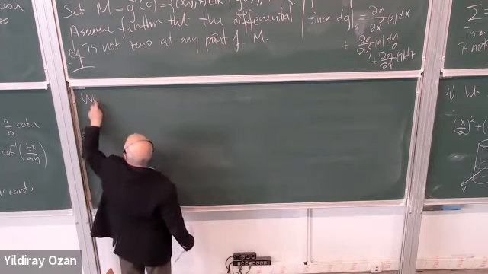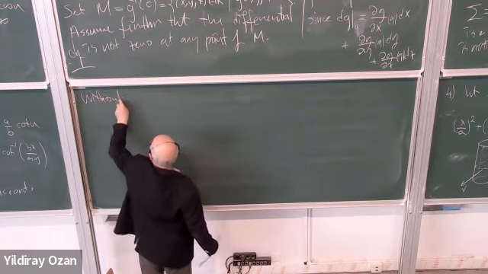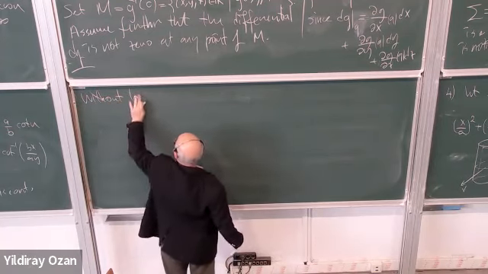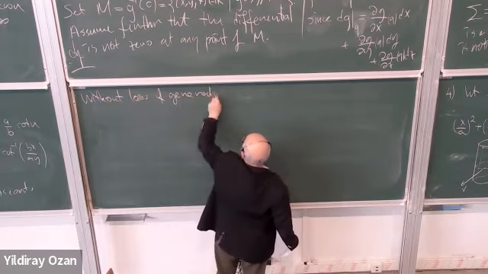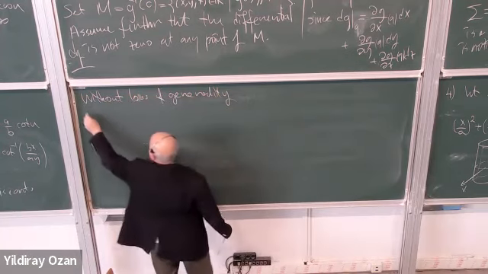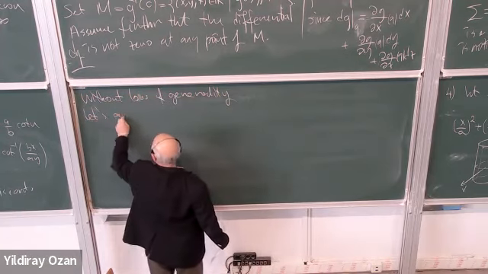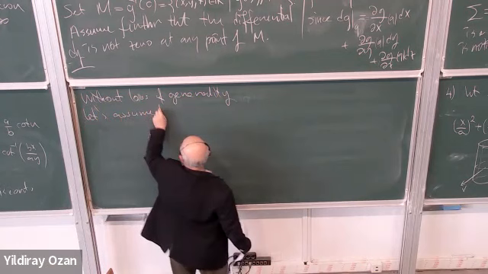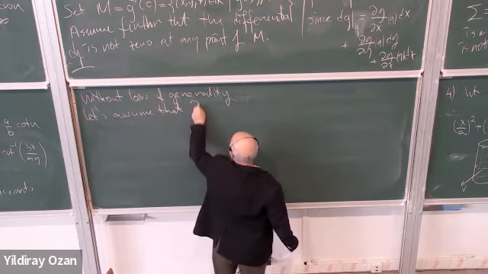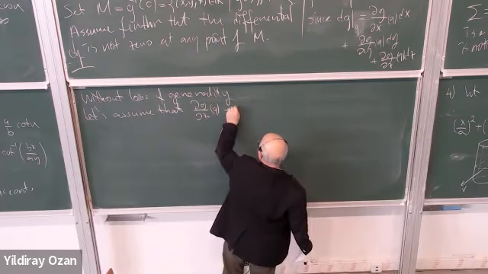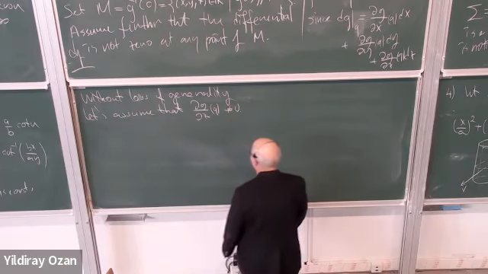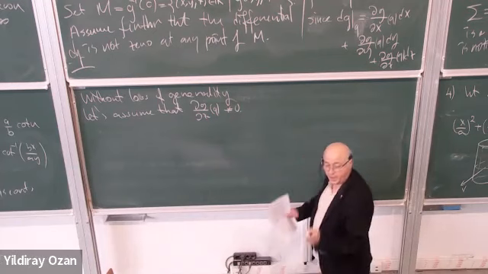Without loss of generality, let's assume that this partial derivative is not zero. Well, then we have what?